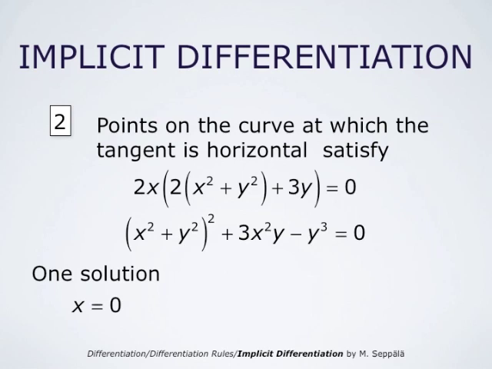And now if we substitute x equals 0 in place of x in the second equation, we get an equation for y, which is y to the fourth minus y cubed equals 0. This has the solutions 0 and 1. Therefore, one solution to this pair of equations is x equals 0 and y equals 0 or y equals 1. So this is a candidate for a point at which the tangent is horizontal.